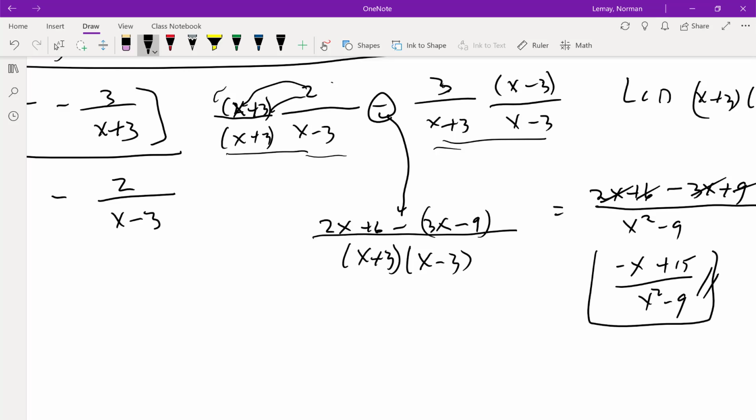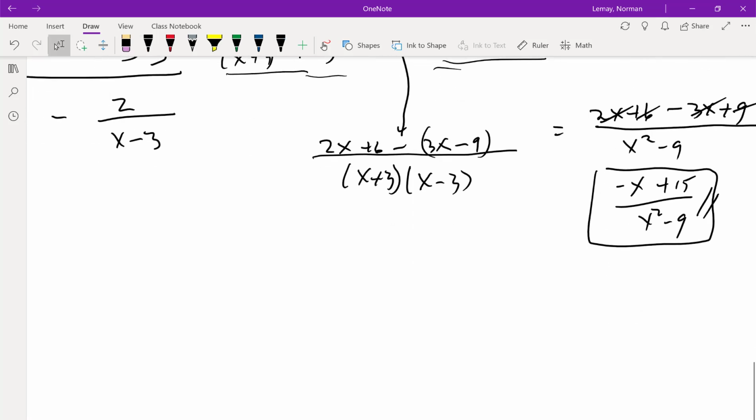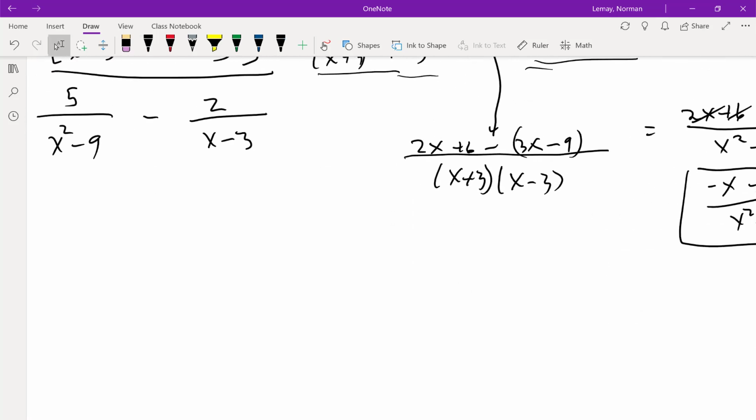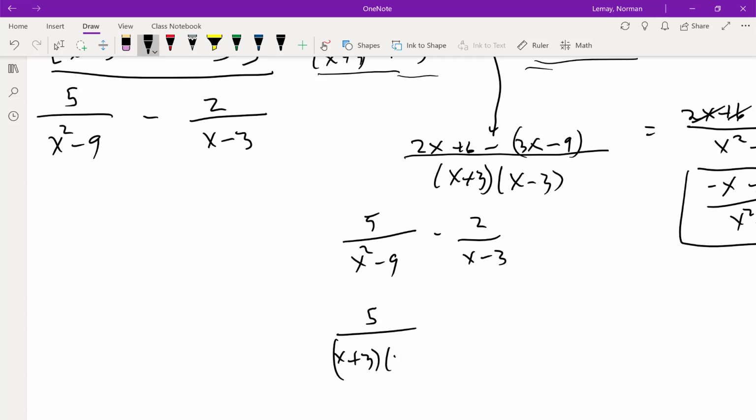So I'm going to put a box around that so we can come back to that. So our next part is 5 over x squared minus 9 minus 2 over x minus 3. So let's just note that this factors to 5 over x plus 3, x minus 3, okay, minus 2 over x minus 3.